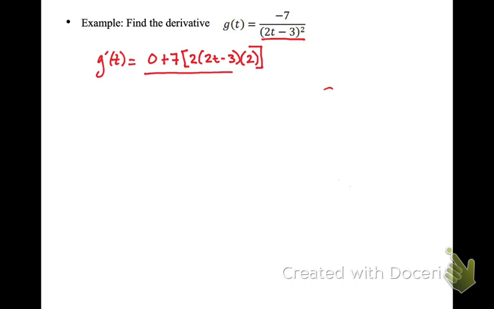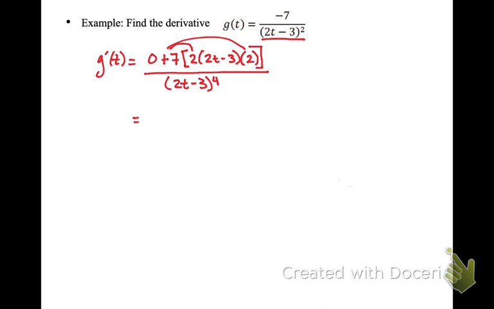All over the denominator squared. So it's going to be 2t minus 3 to the what? 4th. Why is it 4, not 3? Because on the quotient rule, you square the denominator, and it's already squared. Okay, so what I got: 7 times 2 times 2, so 28.